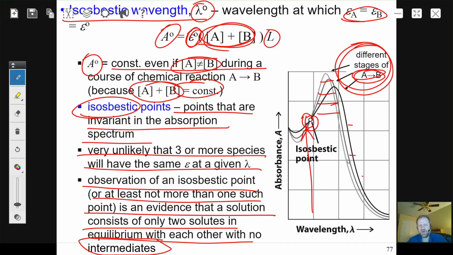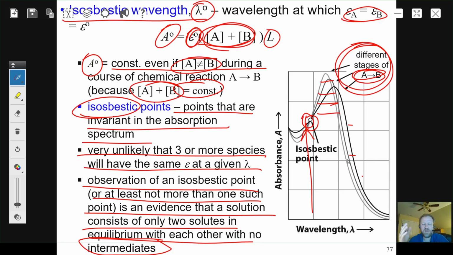And remember, in your experiment 9, where you determine the pKa of an indicator, you actually do see isosbestic points, several of them, because you only have two species present in your solution, the base form of the indicator and the acid form of the indicator. You're basically converting, say, acid form to base form.